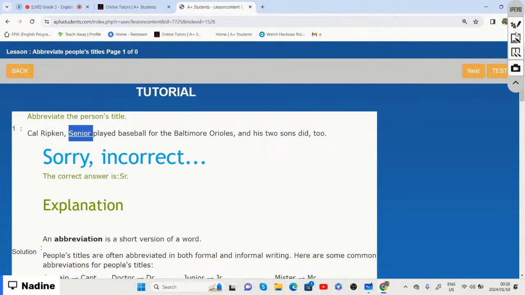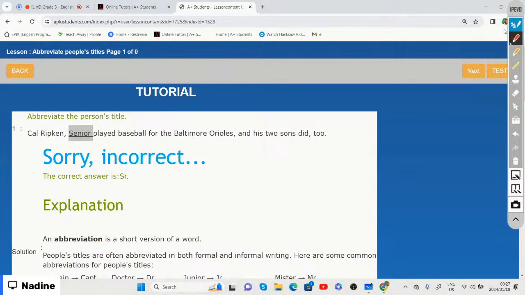And if we abbreviate the word senior, it will be Sr. with a period.